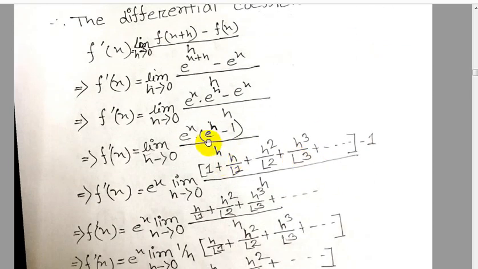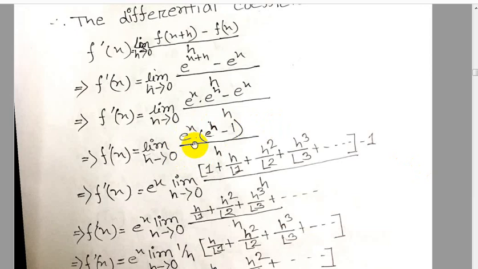The Taylor series of e to the power x is 1 plus x divided by factorial 1, plus x square divided by factorial 2, plus x cube divided by factorial 3, and so on. Therefore we replace this e to the power h with the Taylor series of e to the power h, and we put it over the Taylor series of e to the power h minus 1.